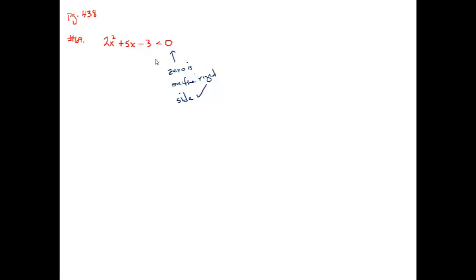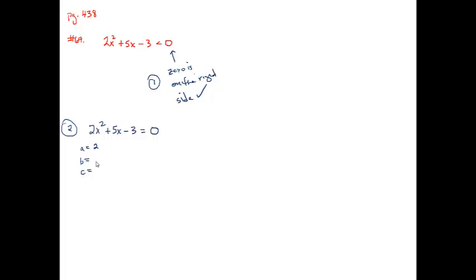Then step 2 says change this inequality sign to an equal sign. So instead of 2x squared plus 5x minus 3 less than 0, I'm going to have 2x squared plus 5x minus 3 equals 0. And then I get to solve for x. I'm going to use the quadratic formula.